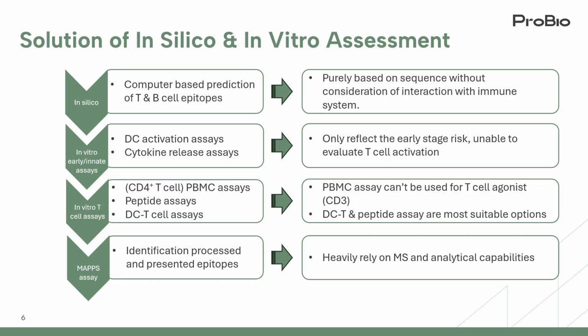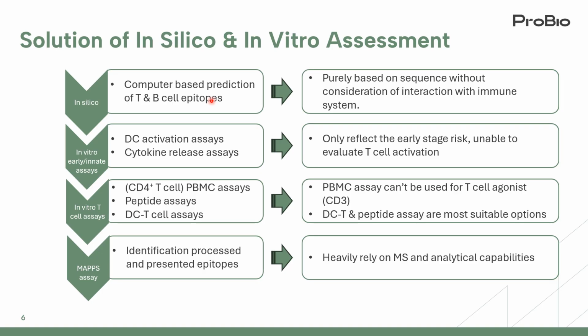In the following discussion today, we will focus on immunogenicity assessment by in silico and in vitro approach, starting with computer-based T cell and B cell epitope prediction. It is a prediction purely based on the sequence.